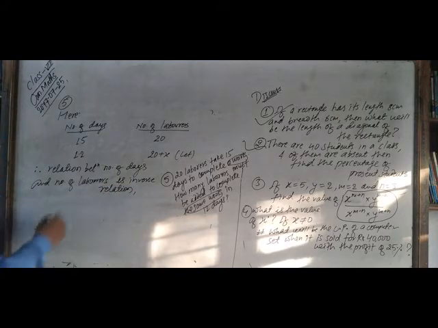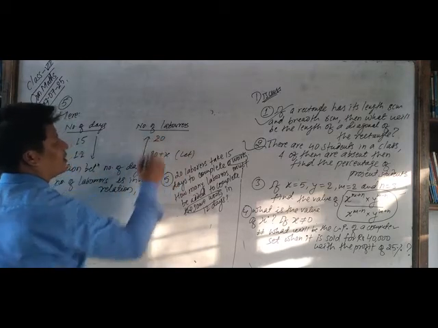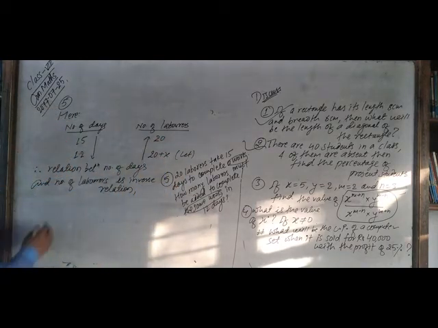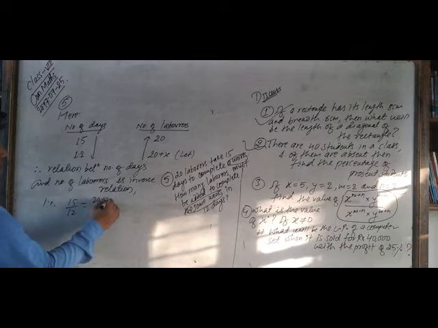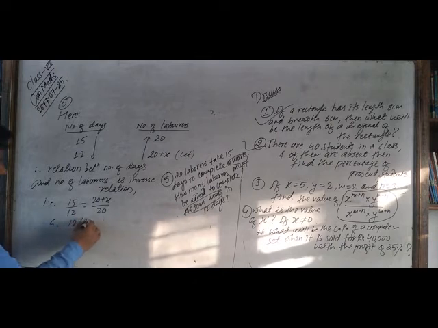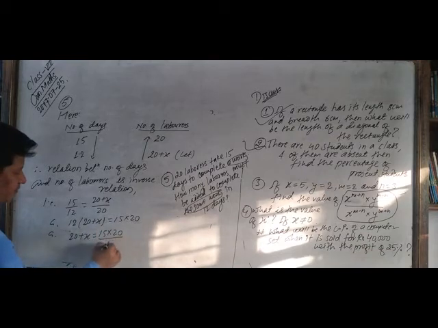It is in inverse relation, so we have to take one of them opposite. That is 15 by 12 equals 20 plus x by 20. Now doing the cross multiplication, 12 into 20 plus x equals 15 into 20. So 20 plus x equals 15 into 20 divided by 12.